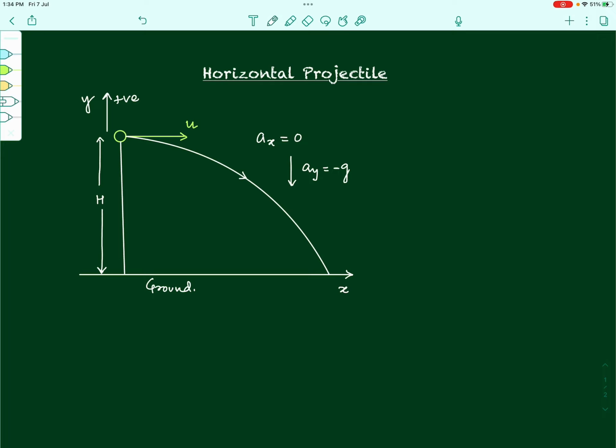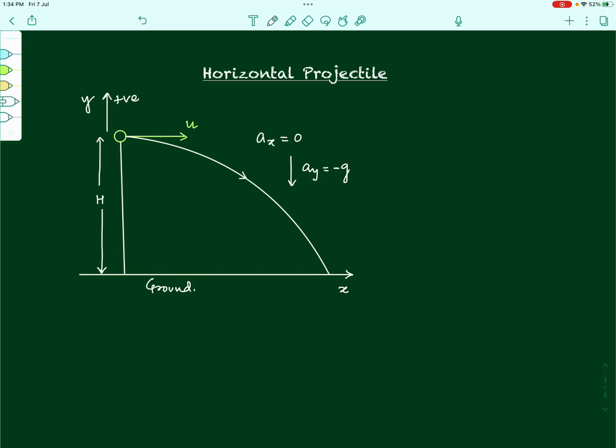So, once again, we see this projectile and its motion as a combination of two independent motions, one along the x-axis with no acceleration, that means it will be a uniform motion, and the other along the y-axis, which is a uniformly accelerated motion with a constant acceleration of g acting downwards, right?